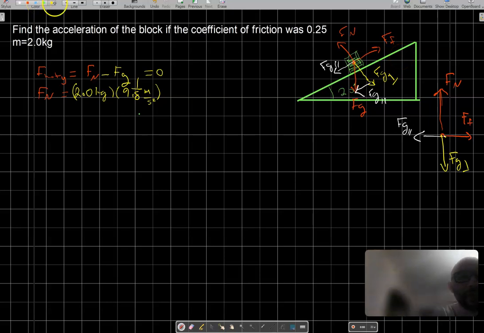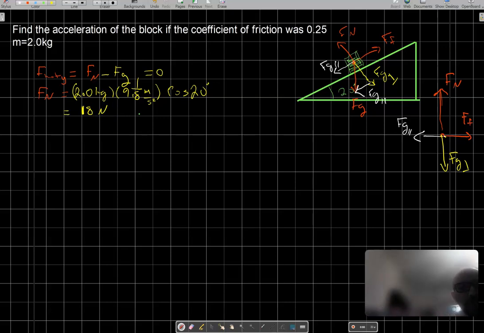We need to use the cosine of the angle, cosine 20. You put that in the calculator and you're going to end up with 18, rounded to two significant figures, 18 newtons. That's your normal force.